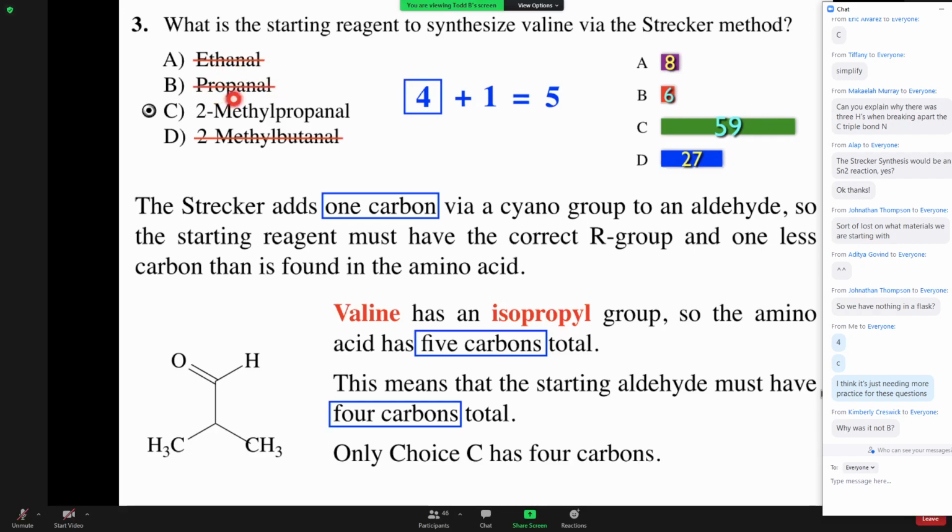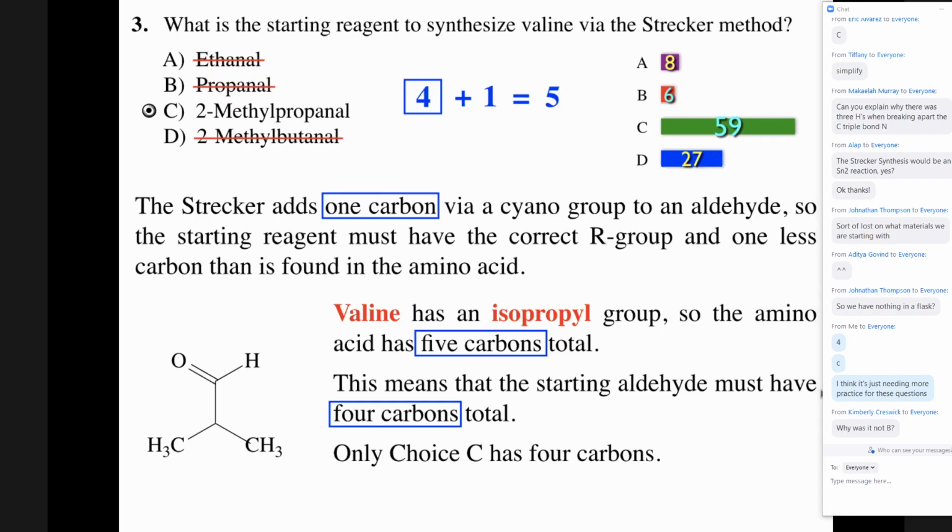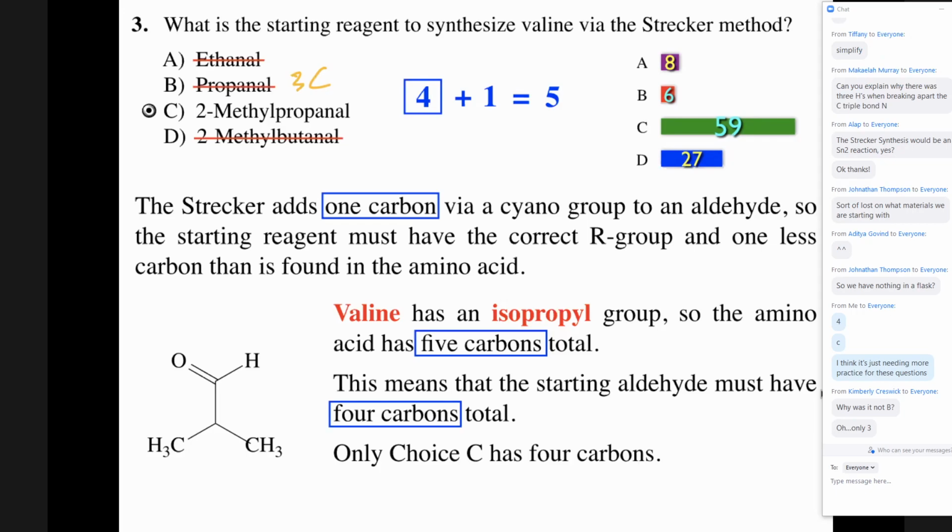How many carbons in propanol? 3 carbons. So I would be missing this group right here if I just did 3 carbons. And so my amino acid would have been an N up here, a carbonyl up here, and just that. So wrong side chain.